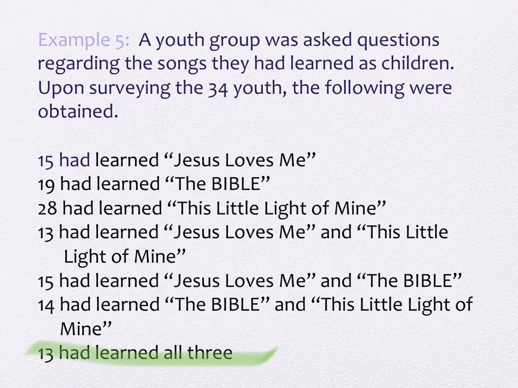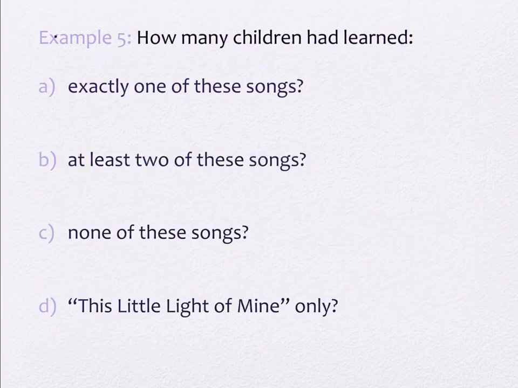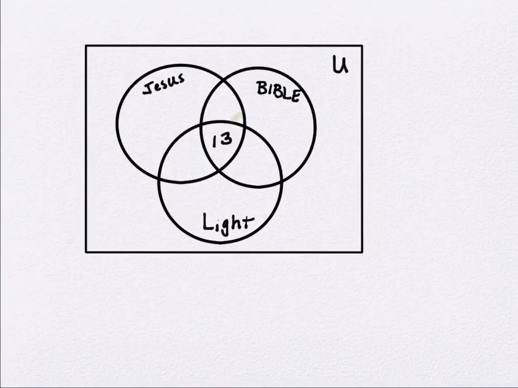Okay, 15 had learned Jesus Loves Me right here. Okay, so the problem with starting there next is that I still have 1, 2, 3 places that I'll have to add up to 15. So we probably don't want to start with the 15 Jesus Loves Me just yet.